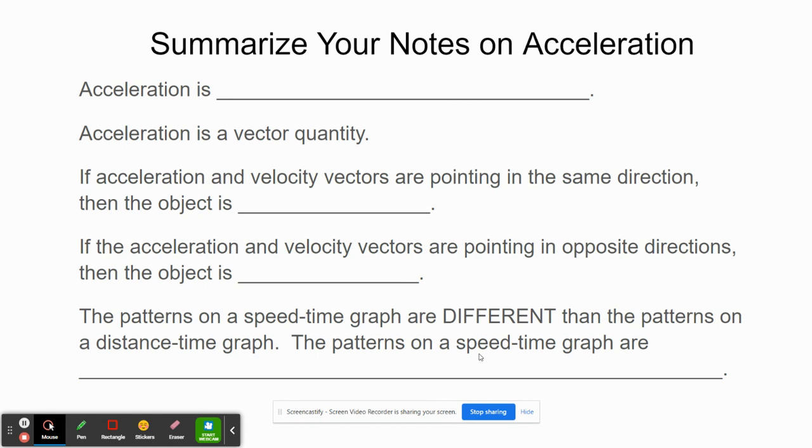And then here, the patterns on a speed time graph are different than the patterns on a distance time graph. The patterns on a speed time graph are, just list a couple of them, okay? Just list them out. If you have a flat horizontal line on a speed time graph, that means constant speed, for example, okay? All right, that'll get you started. Don't worry, this takes practice, okay? It takes practice.